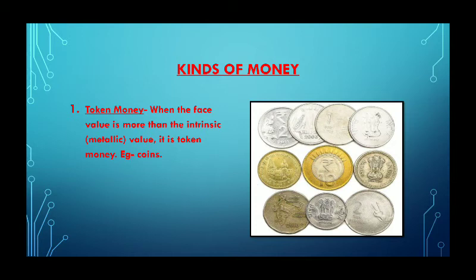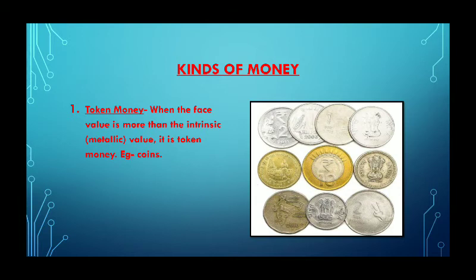So the face value is more than the metallic value. We can say that all the modern currency like the notes are also token. A 10 rupee note, if I sell it for paper, the value of the paper used is not worth rupees 10. So token money means the face value is more and the metallic value is less.